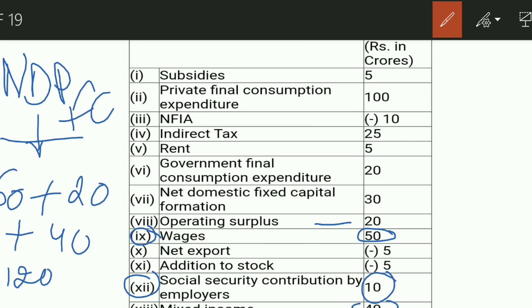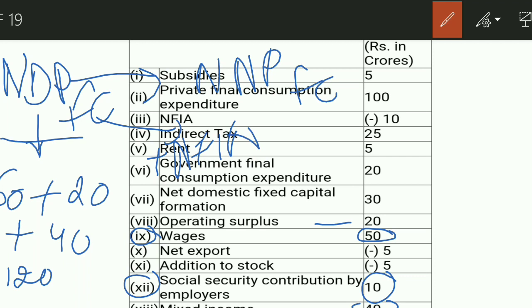Now in order to reach national income, that is NNP at factor cost, we will add NFIA to NDP at factor cost. Here you can see that NFIA is given to us as minus 10.